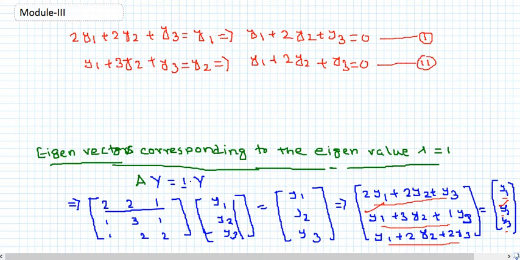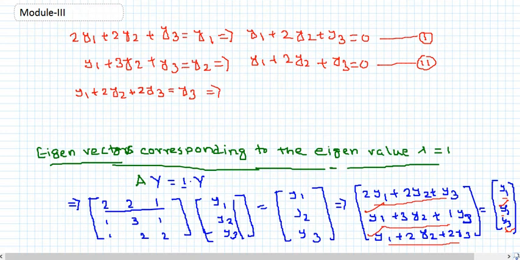Now you can see clearly that equation 1 and equation 2 are the same, so we do not get a different equation. Let's check the third entry. From the third entry we get y1 plus 2y2 plus 2y3 equals y3.